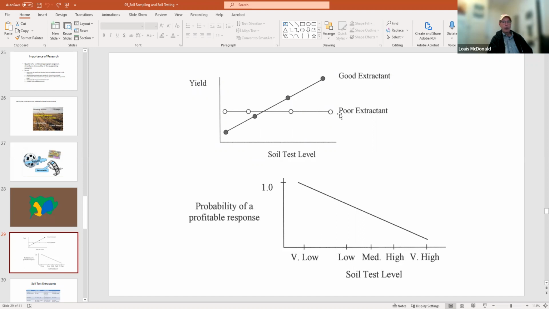And this could be the green one. Until you do that field experiment, you just don't know. And then how do we know how much fertilizer to apply? Again, you don't know until you do the field experiment where you put on fertilizer at different rates and see how likely you are to get a response.